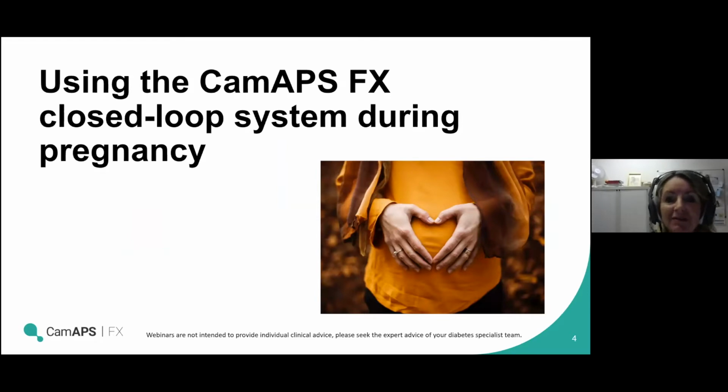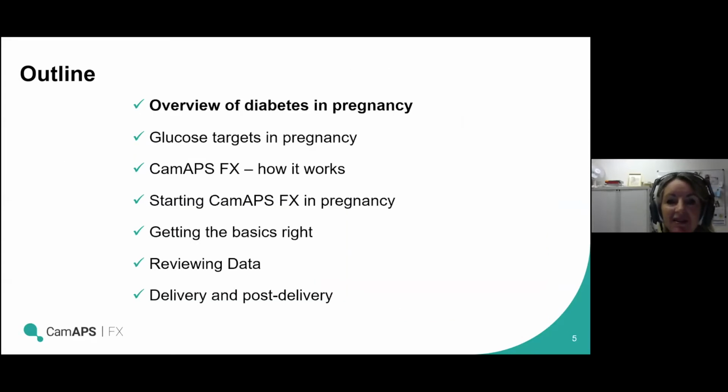We're going to have a run through of really using the CamAPS system during pregnancy in women with type 1 diabetes. We'll talk about a little bit of an overview of diabetes in pregnancy, specifically the glucose targets for women using closed loop systems. We'll go into a little bit more detail about the CamAPS system and how it works, focusing really on starting and getting going in pregnancy, using the more advanced functions, the boost and ease off, getting the basics right.